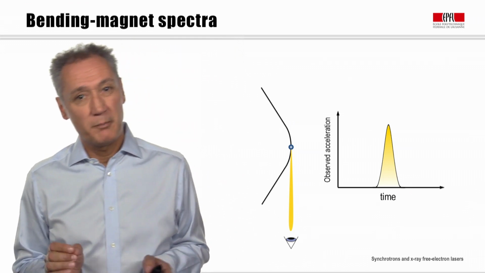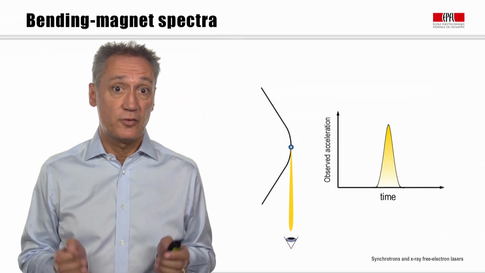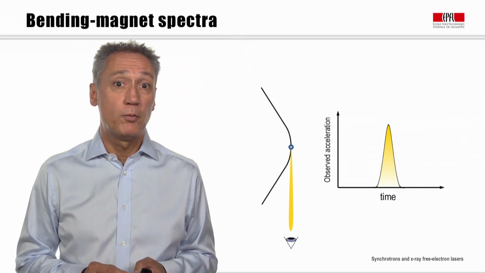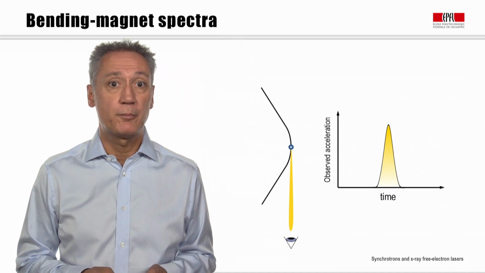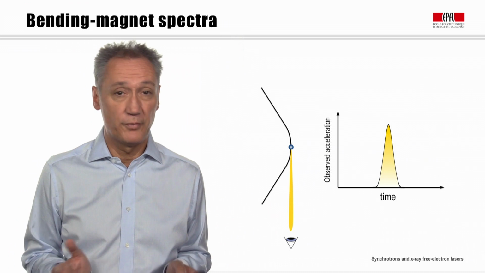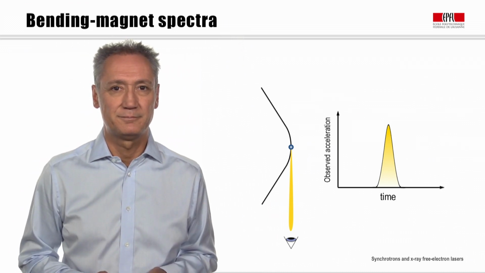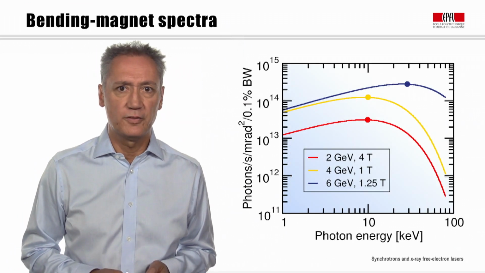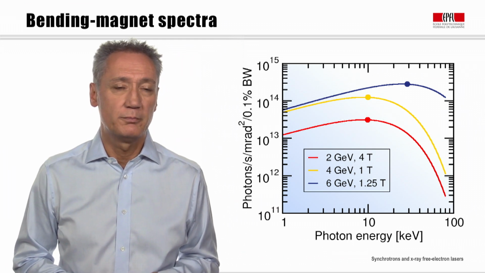For the more mathematically predisposed of you, you might recognize that the spectrum that emerges from this pulse of acceleration is proportional to the Fourier transform of the temporal description of that acceleration. Now, for those of you less familiar with such insights, don't worry. As a consequence, we can expect the bending magnet spectrum to be broad.